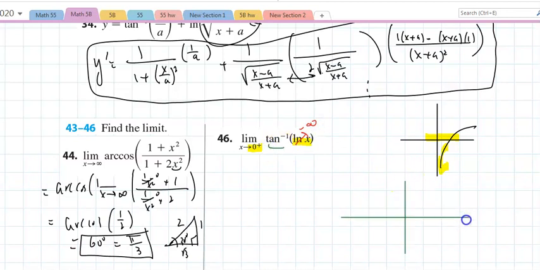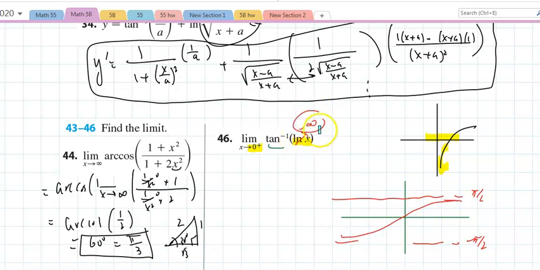Inverse tangent graph looks like this, and as the angle approaches negative infinity, what does that approach? There it is.